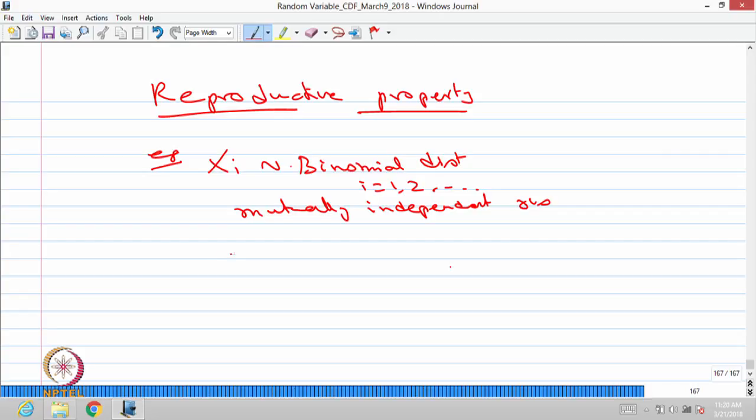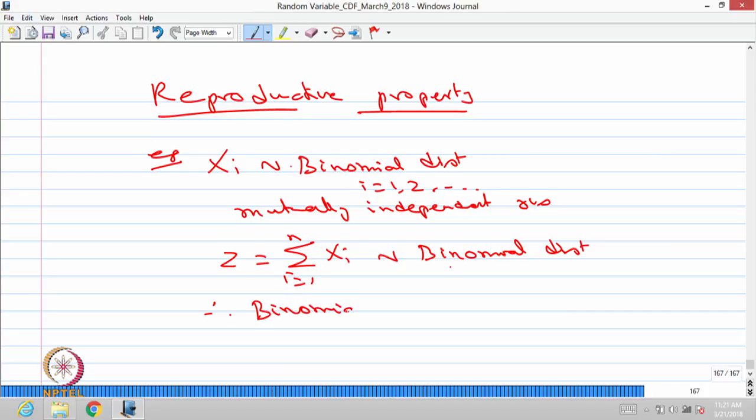Then if I make a random variable as the sum of a few random variables out of this collection, and that also follows a binomial distribution, we can conclude a binomial distribution has the reproductive property.